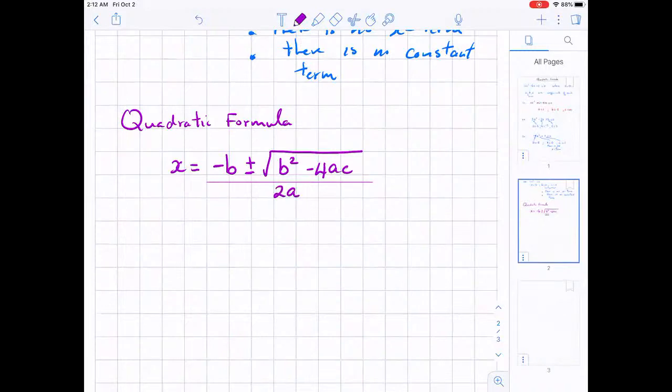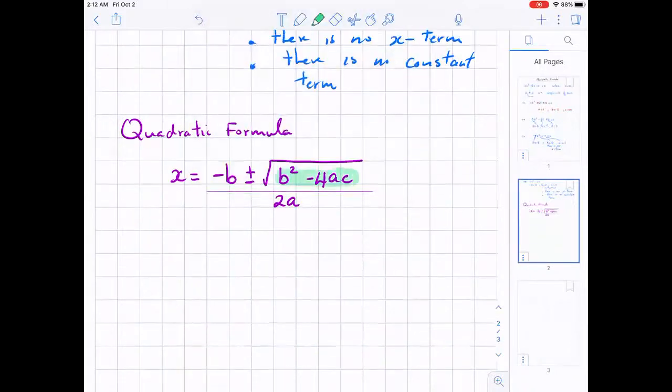Now b squared minus 4ac is called the discriminant of the quadratic formula.